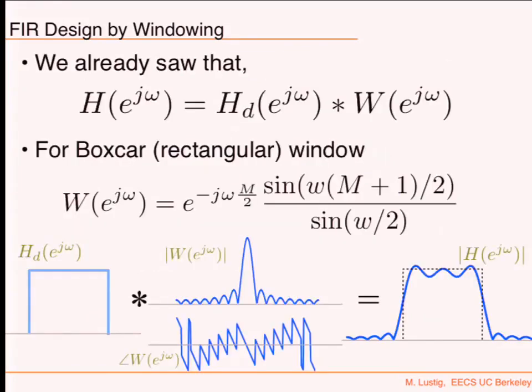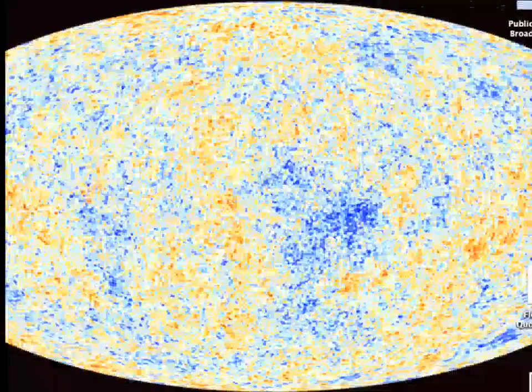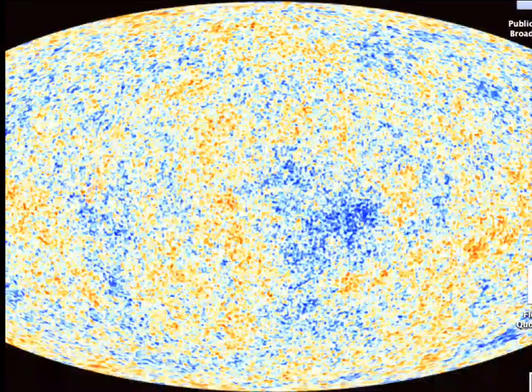We already saw that when I crop or window a signal, or in this case the impulse response, what I'm going to get is a convolution.